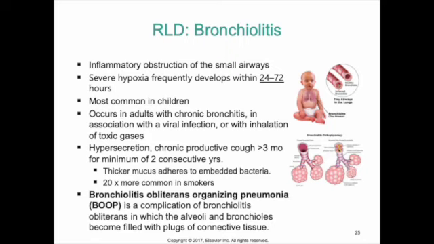The last thing is something called bronchiolitis obliterans organizing pneumonia, and it's a complication of bronchiolitis obliterans. This is what happens when the alveoli and the bronchioles become so filled with connective tissue that we will have pneumonia.